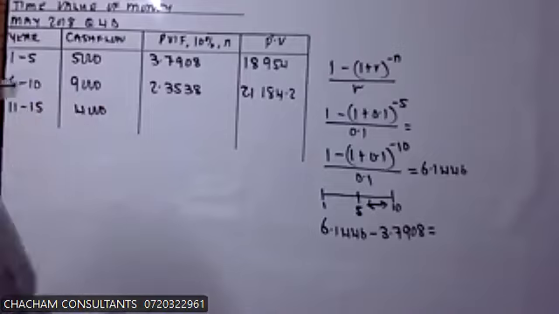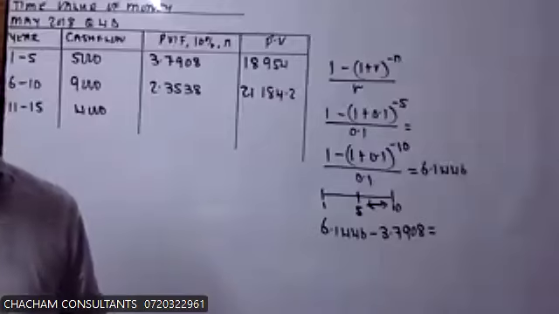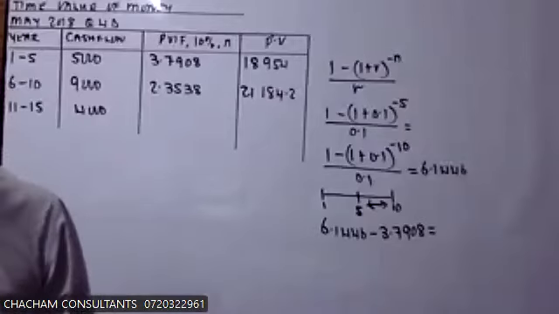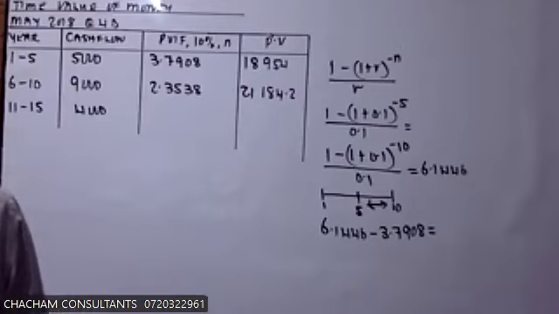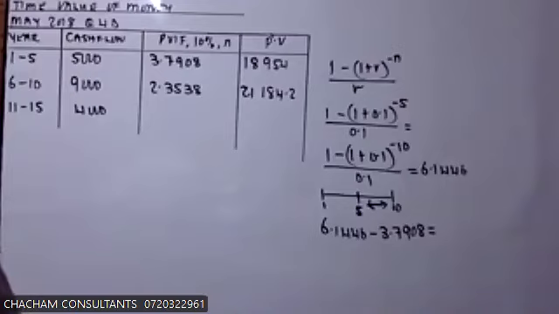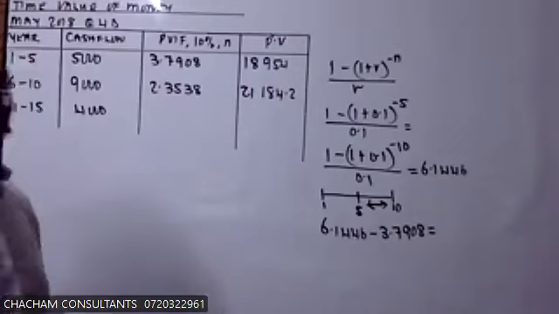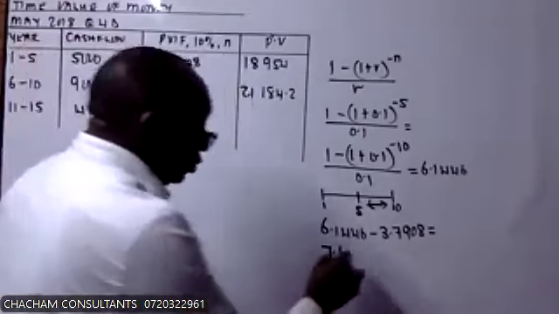So give me the PVIF factor for 15. 7.6061.